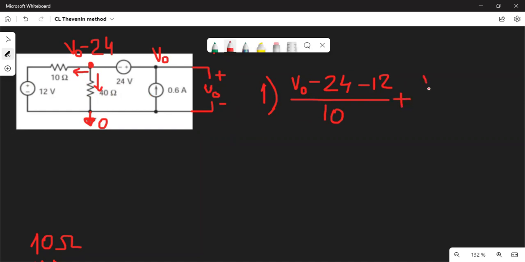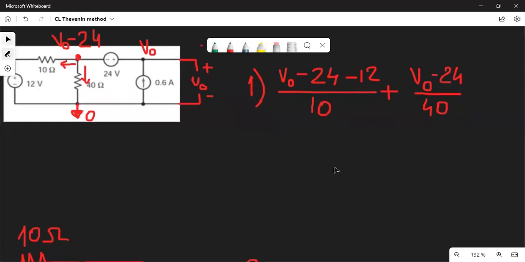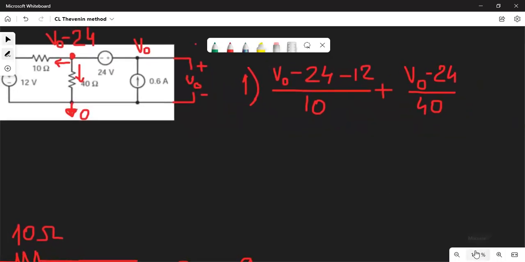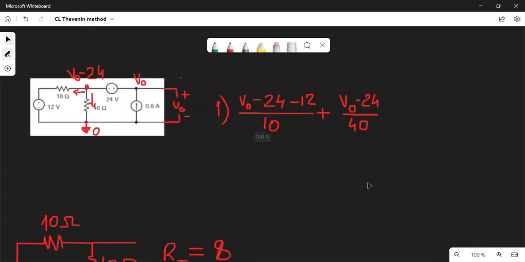So we should just divide V0 minus 24 by 40. Actually, we can also remind that we find the current by subtracting the lower potential from the higher potential. Current always goes from high potential to low potential. For example, in the first case, the high potential is V0 minus 24, and it goes to 12. So that's why we subtract V0 minus 24 minus 12.